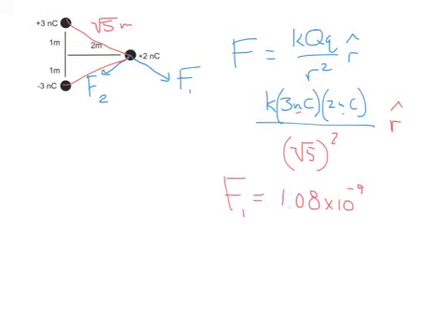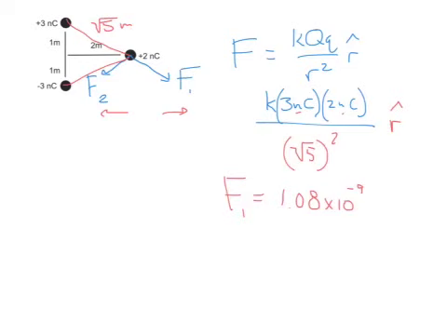Okay, so if I added together F1 and F2, I can actually simplify my work a little bit. I don't have to calculate everything so painstakingly. I should be able to just say, well, based on what I'm seeing here, since F1 is basically to the right and F2 is basically to the left in terms of i components, and since they're of equal magnitude, the i components will cancel.